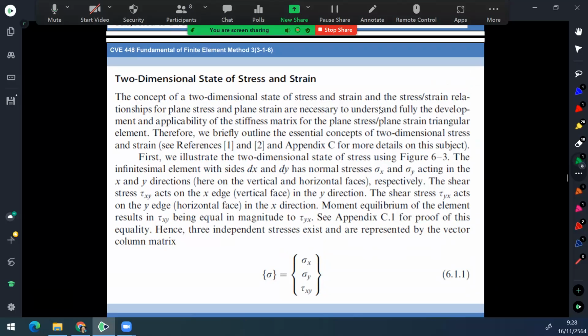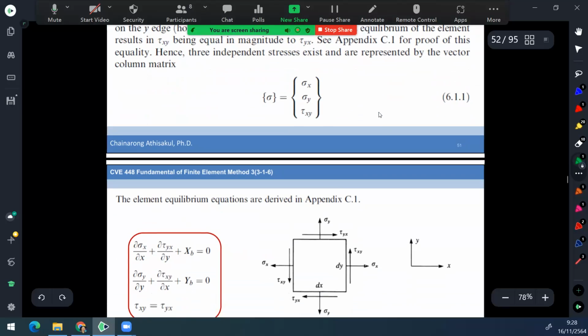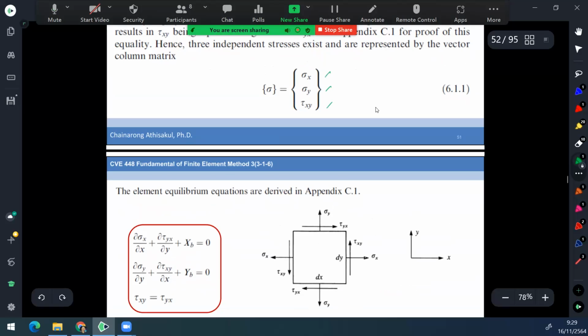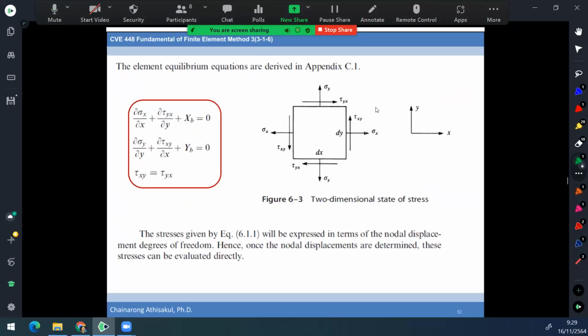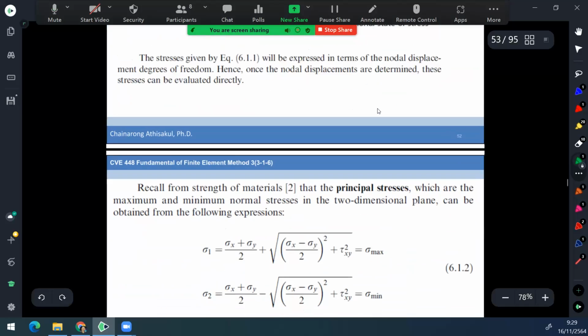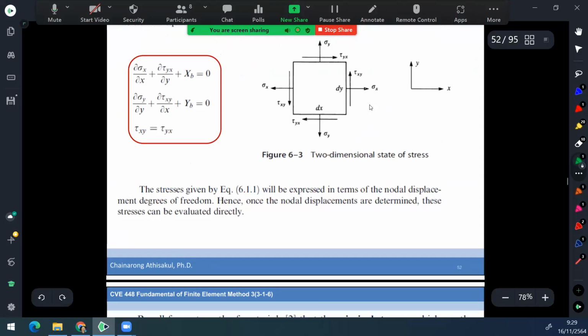Then we relate the stress components, composed of just 3 components, sigma x, sigma y, and tau xy, with the 3 components of strain, epsilon x, epsilon y, and gamma xy, through the equilibrium equation in the two-dimensional problem, as we consider the state of stress just in plane.